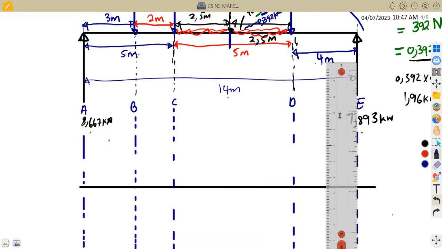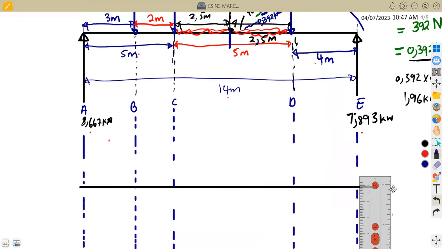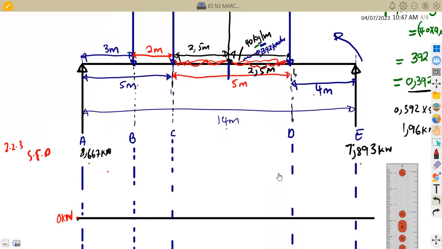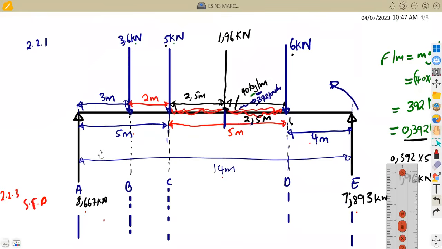If we are to check, the first condition is happening at 0, we are starting direct at this point at 0. So this is 2.23, our shear force diagram in this case. So you're starting direct at 0 kilonewton. But at this point, we can see that we have got a support direct at point A. There's a support of 8.667.